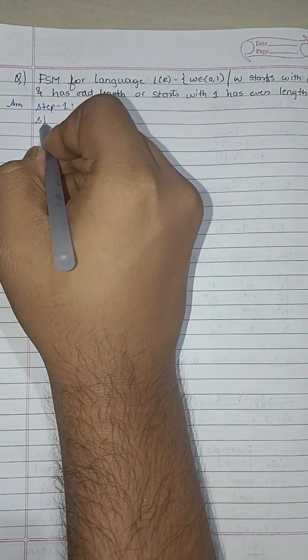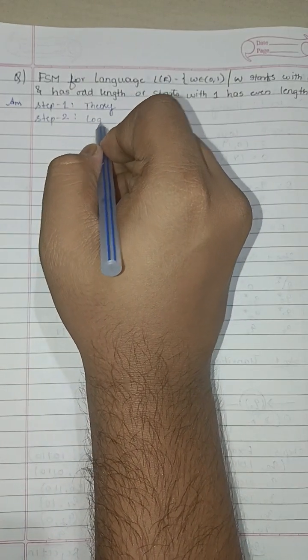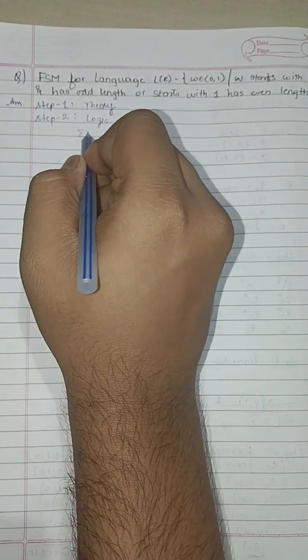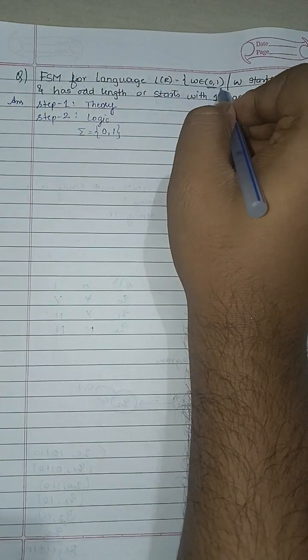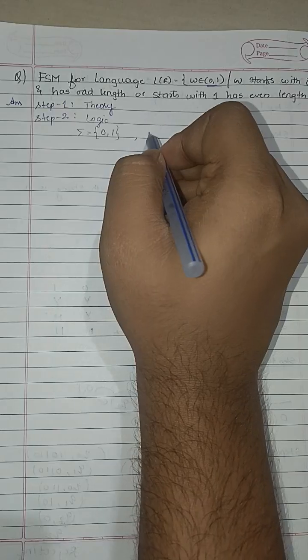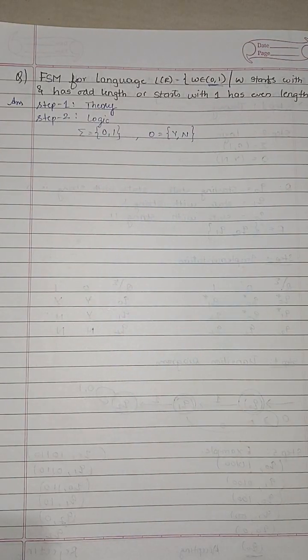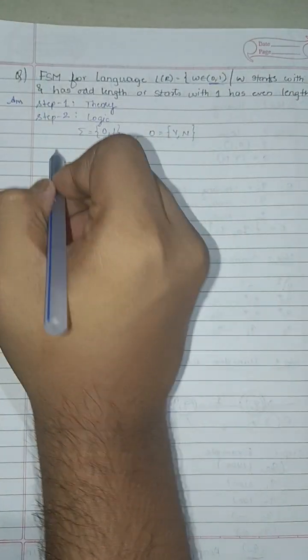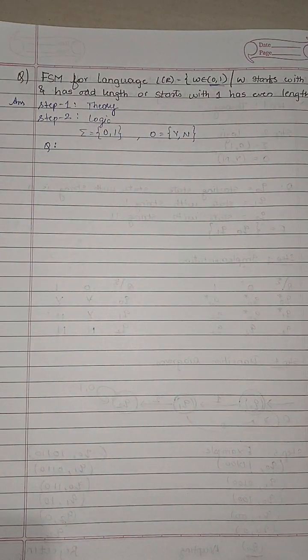Our step 2 is logic. Our input is 0, 1, as given, and our output is yes and no, meaning we have to accept or reject. I have told you Q is called a finite set of states.